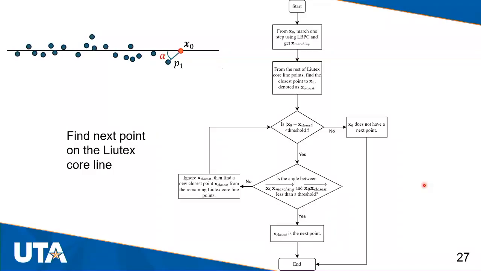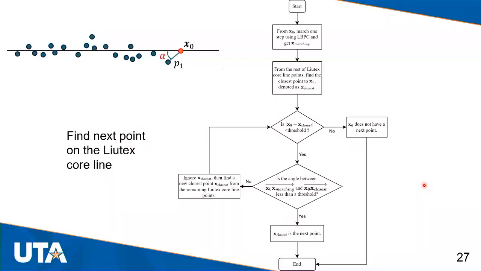For example, we randomly select one point, and of course we have a threshold. We find if its closest point is within our given threshold, because the next point cannot be too far away.